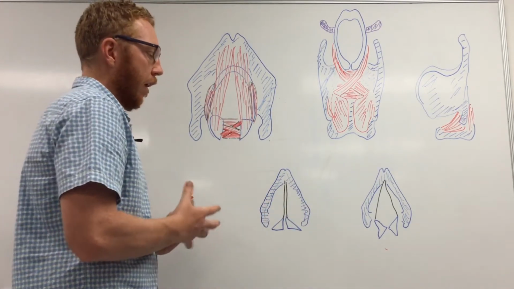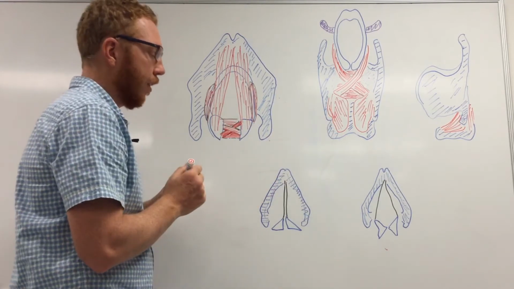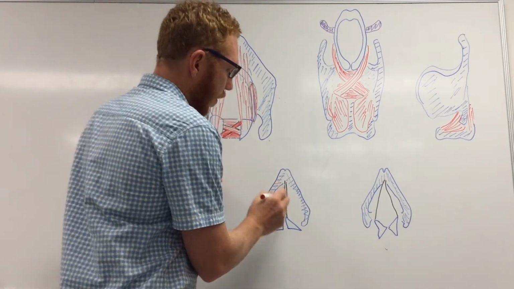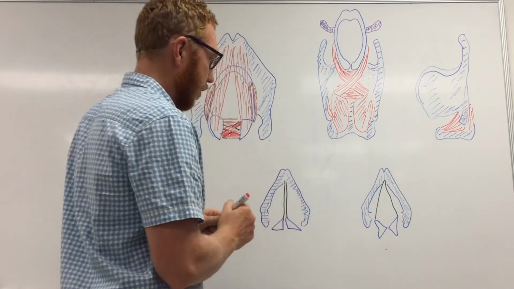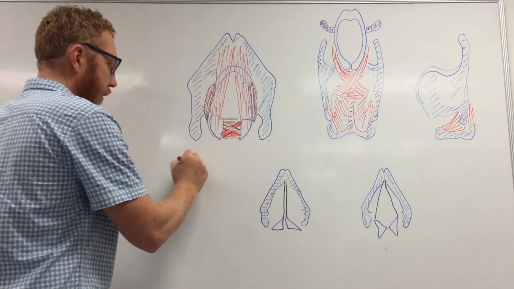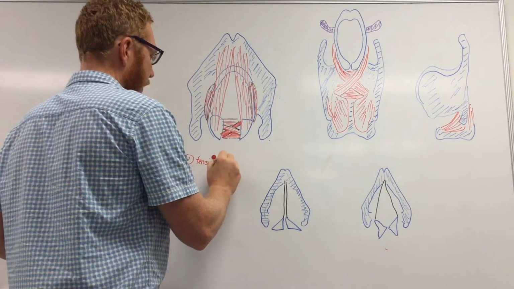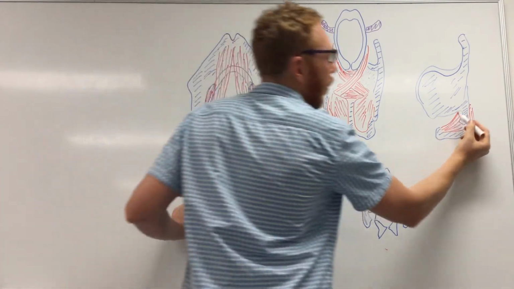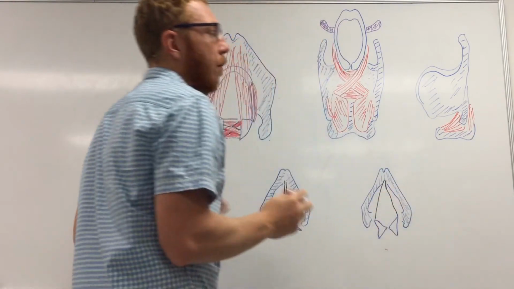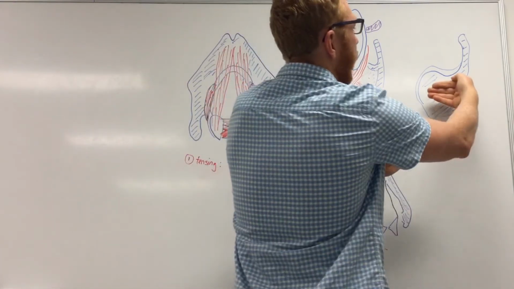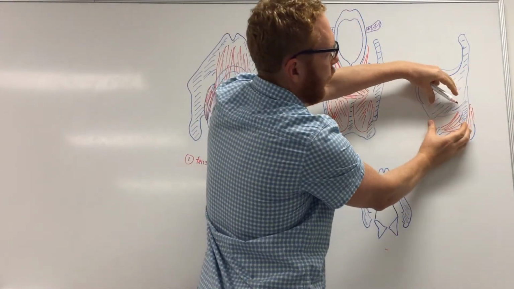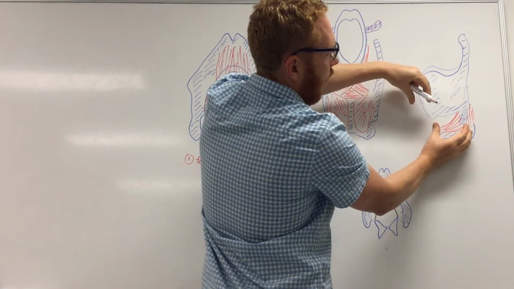Okay, so again, I've gone through it a little bit, but let's do it again. Firstly, let's tense it. So movement 1, tense. And this is done by the cricothyroid. What that will do is essentially move the thyroid forward on the cricoid.